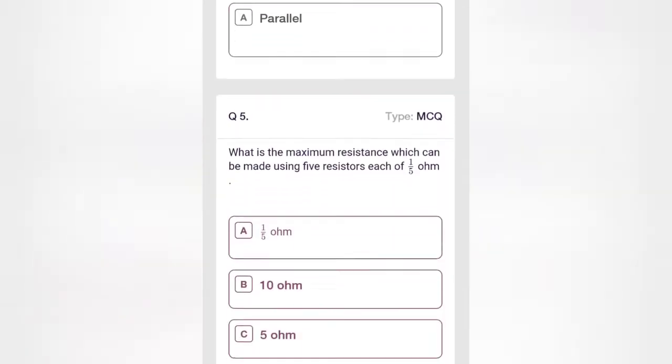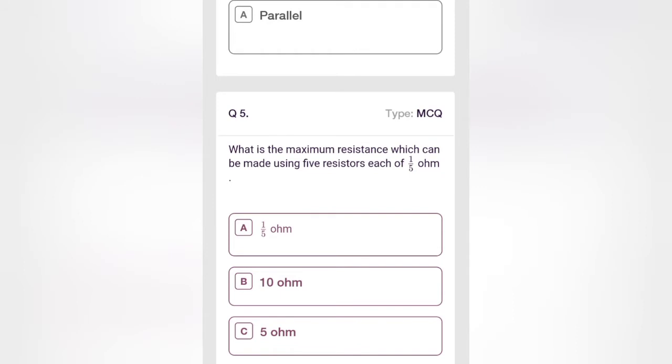What is the maximum resistance which can be made using 5 resistors each of 1 by 5 ohm? In order to get maximum resistance, we need to go for series connection.